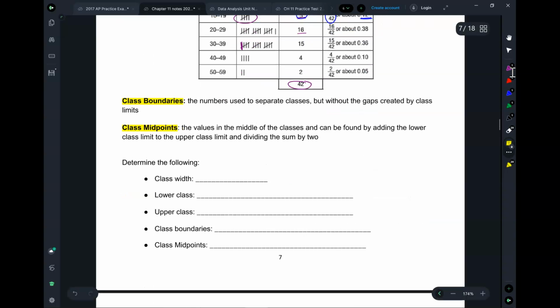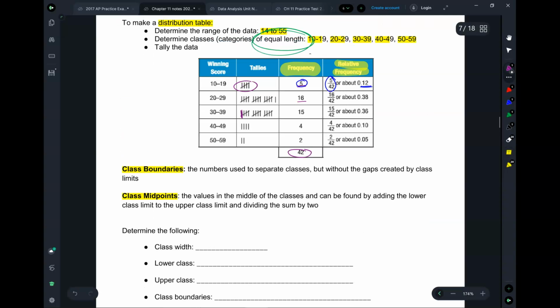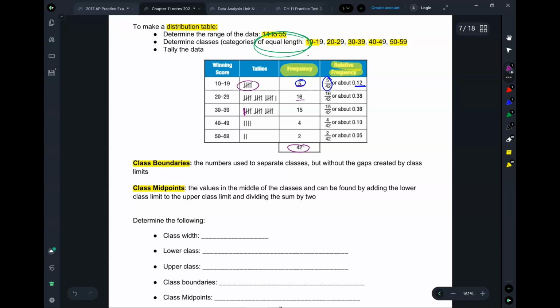Okay? All right. So for this one, let's do some of these. Class width. Right? It's how many are in each class. So from 10 to 19, 20 to 29, it's 10 in each class. That's the class width. Okay? Remember, this is going to be the same across. 10, 10, 10, 10.